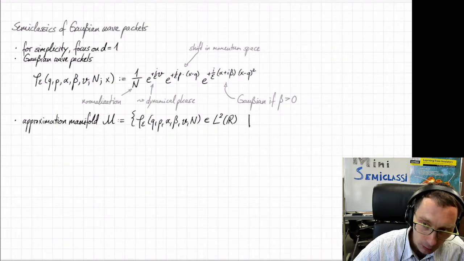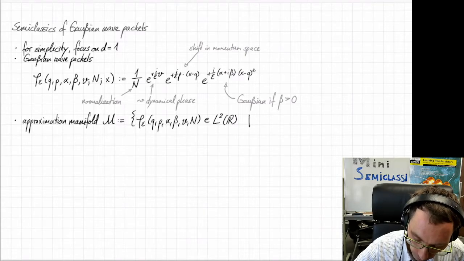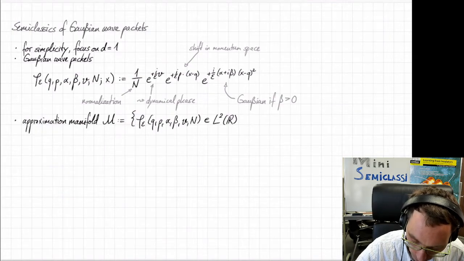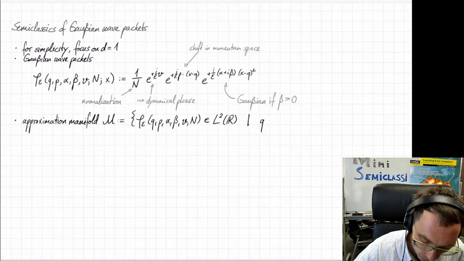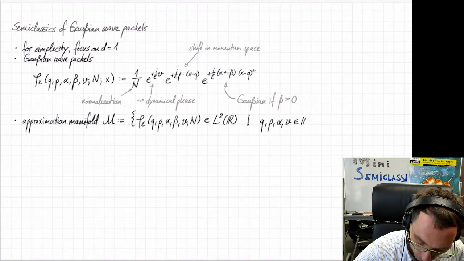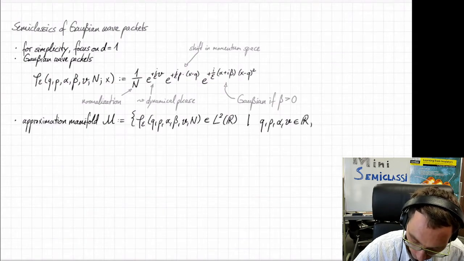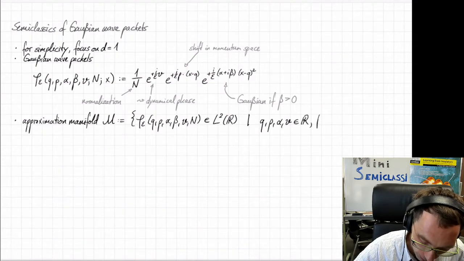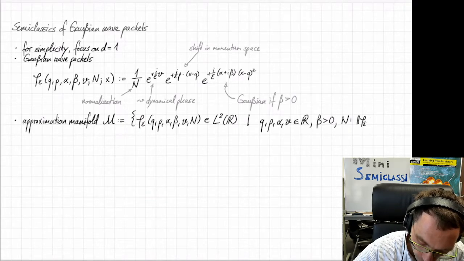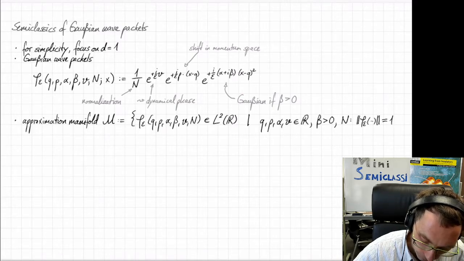And okay, the parameters Q, P, alpha, and nu are real valued. And beta is positive. And the n is such that the L2 norm of phi epsilon is equal to 1.